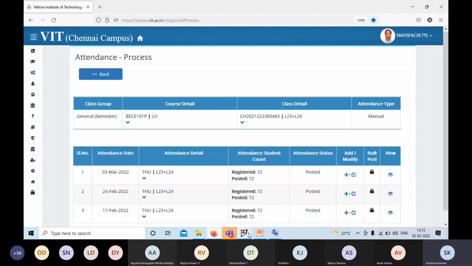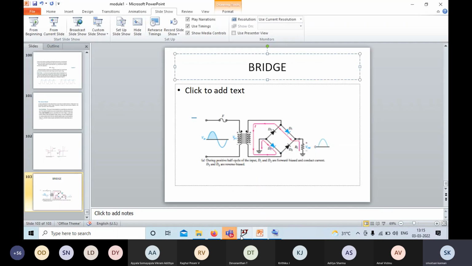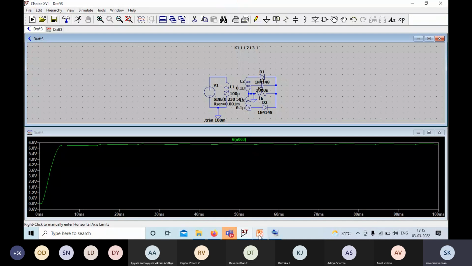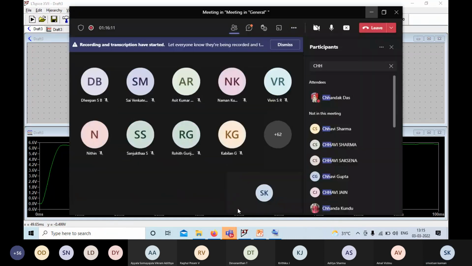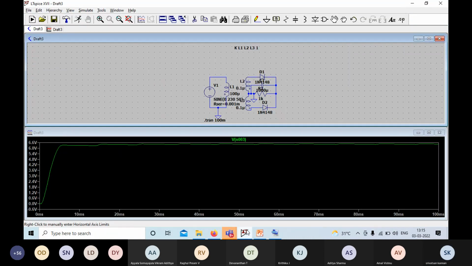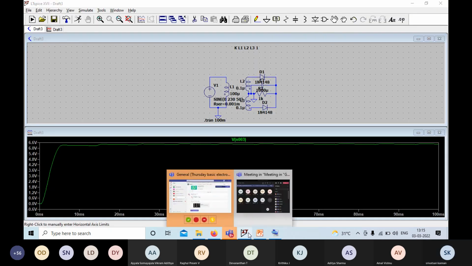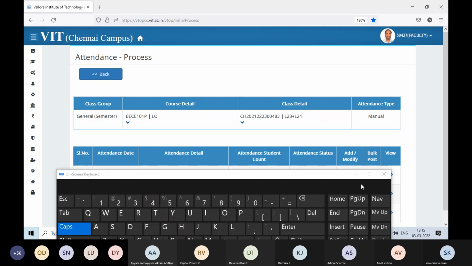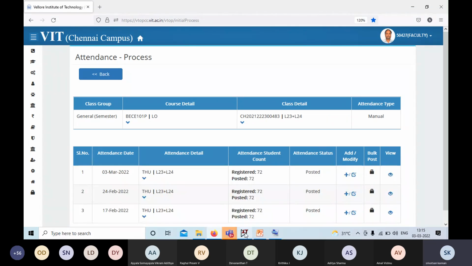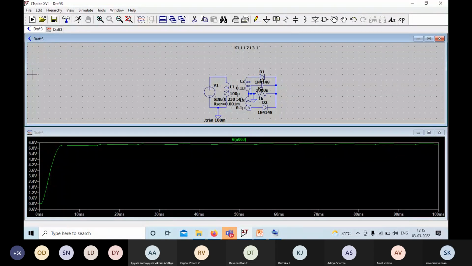So if you have completed, you can leave. Anyone got the output for this full bridge rectifier? Say yes or no. Sir, it is showing that the secondary coil is not getting any voltage.